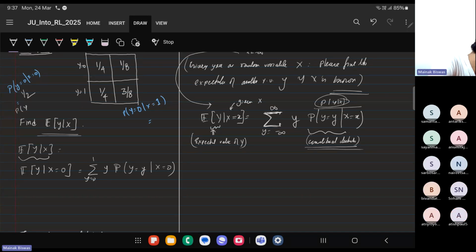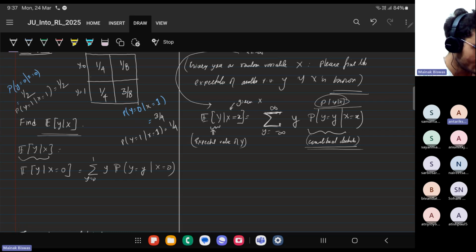Similarly, y equal to 1 given x is equal to 1 was half as well. And the probability of y equal to 0 given x is equal to 1 was 3/4. And the probability of y equal to 1 given x is equal to 1 is 1/4. Yeah, on the left you have by mistake written y equal to 1, x equal to 1, and it would be y equal to 1, x equal to 0. Correct.